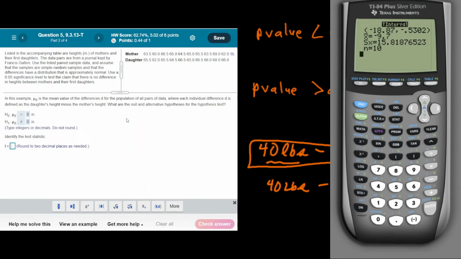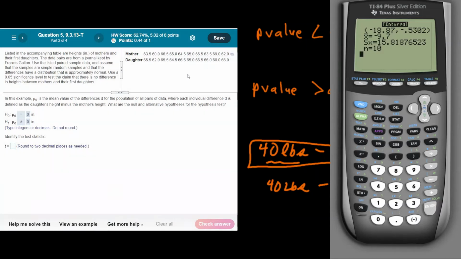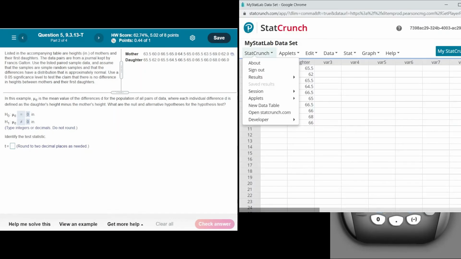Okay, because I do not want to enter all of these into my calculator, I'm going to show you guys how to use StatCrunch for this particular problem because these decimals are just killer. I'm trying to go into StatCrunch here. Okay, that was weird.